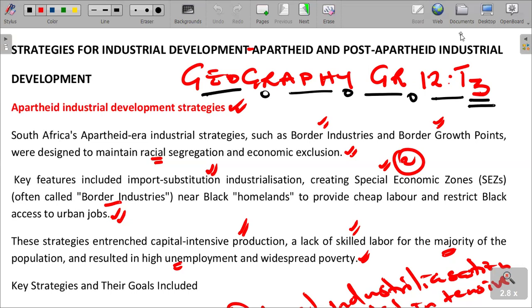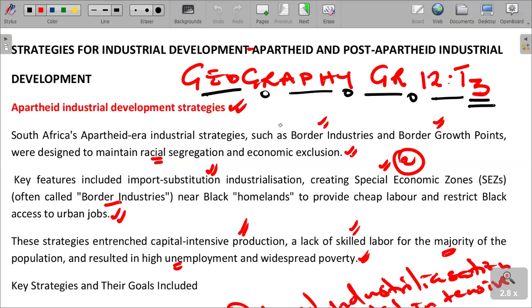So let us quickly look at them. You can see I have attached some notes here that we are going to use in today's discussion. So let's just quickly work on it without wasting any time.